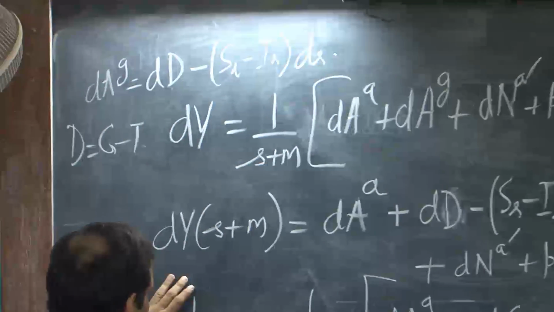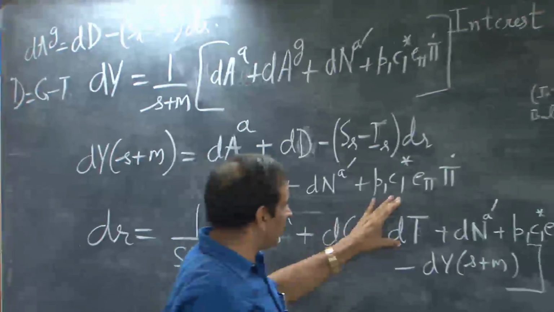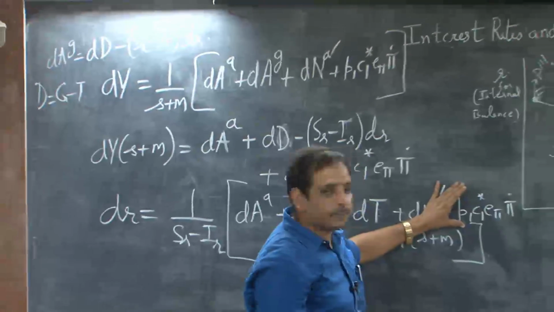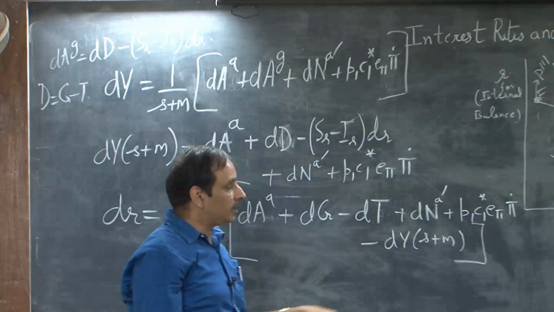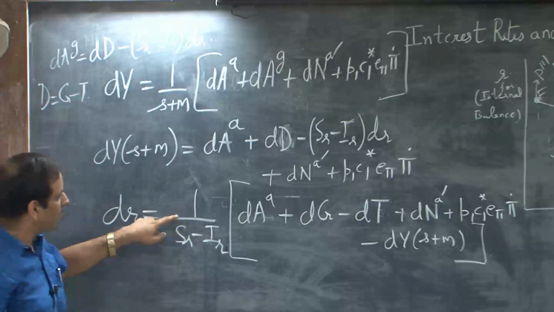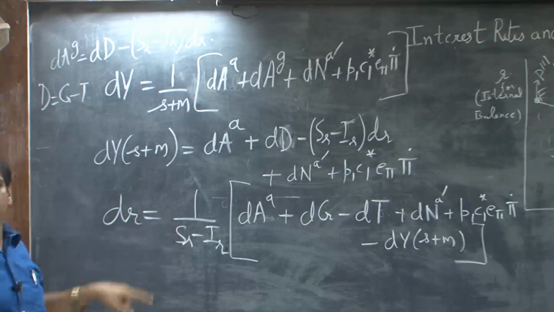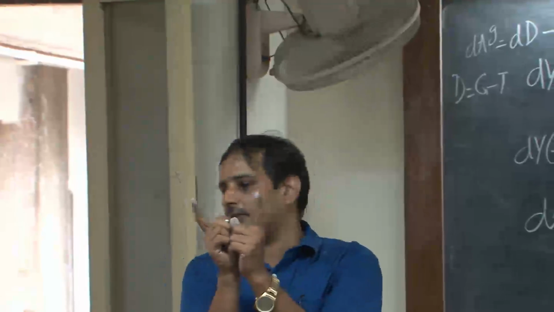So you get dr is equal to 1 upon sr minus ir times daa plus dg minus dt plus dna dash plus p1 c1 star e pi pi dot minus dy s plus m. Now look at the slope, it is 1 upon sr minus ir, and there is a direct relationship between r and this difference sr minus ir.